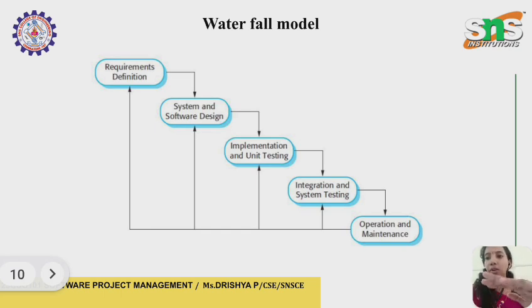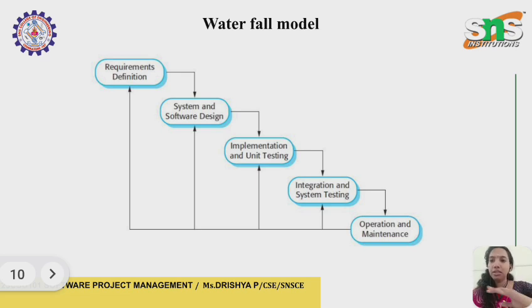These are the waterfall model stages. First is requirement definition, then it is connected to system and software design, implementation and unit testing, integration and system testing, then operation and maintenance. It looks like a waterfall. So why is it known as the waterfall model? It is based on its step-like structure.